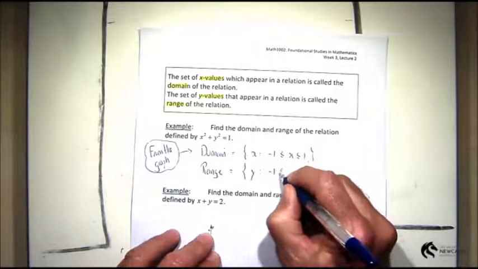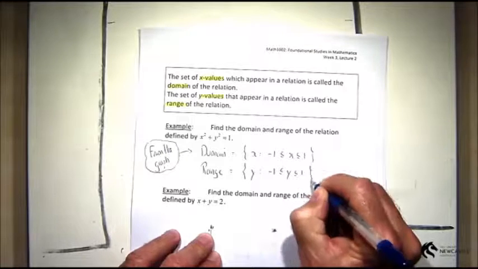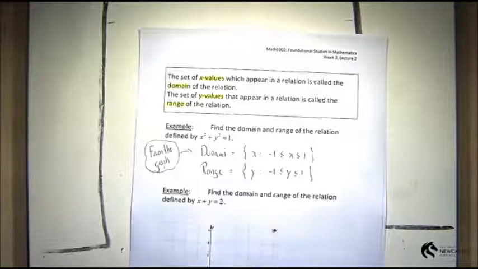So the range is also the set of real numbers between minus 1 and 1. For any other y value, there is no ordered pair in the relation with that y value.